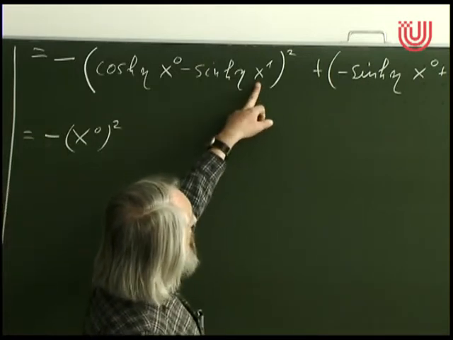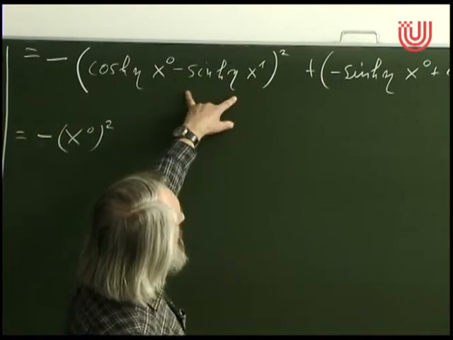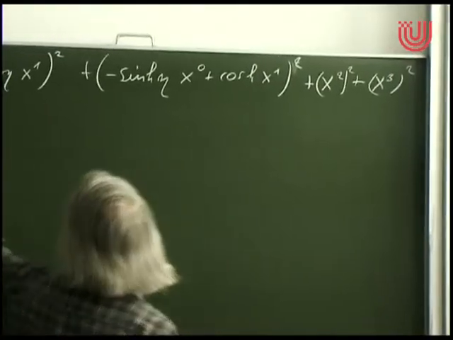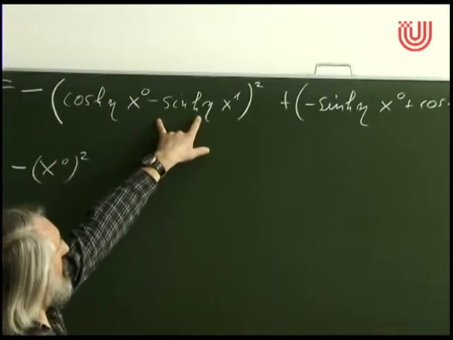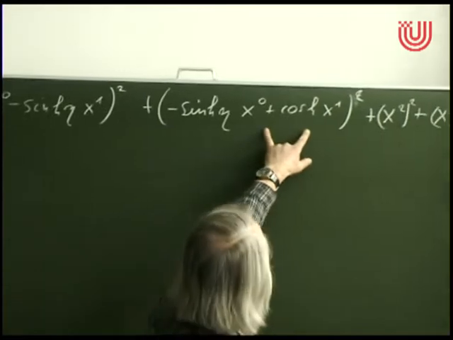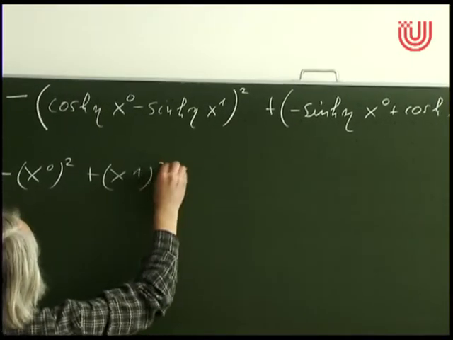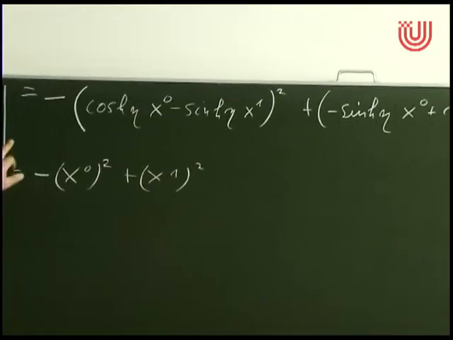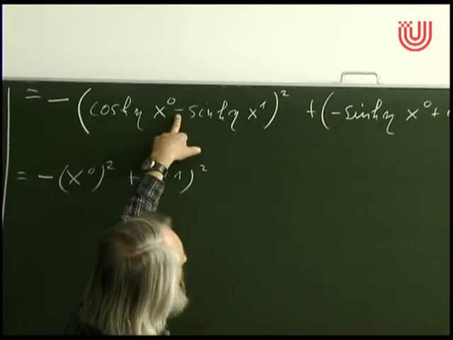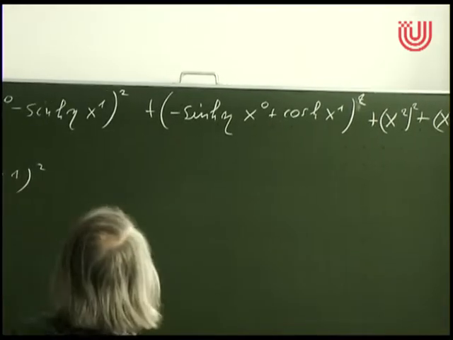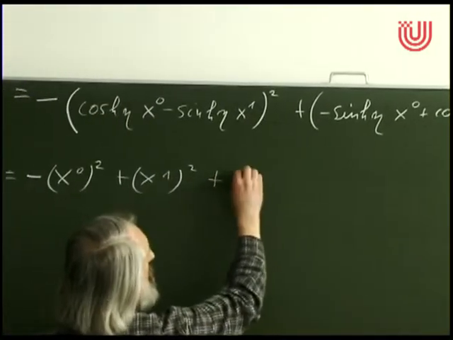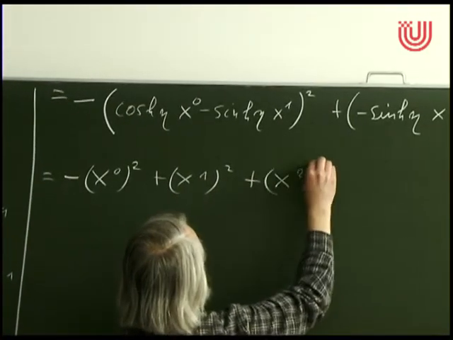The factor of x1 squared is plus, minus sinh squared plus cosh squared. That's plus 1. So I have plus x1 squared, and the cross terms vanish. I get here the cross term with a plus, and here the cross term with a minus. So they drop out, and I only have these things here.